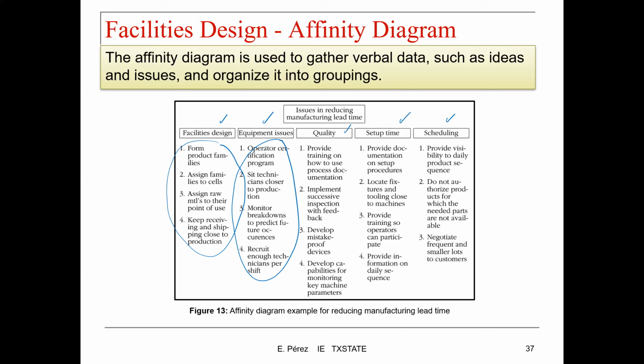So in terms of, for example, facilities design, maybe there's a need for forming product families. Like, for example, if you think about cell phones, Samsung, for instance, they have multiple different types of phones, but some of them are focusing on being less expensive. So you have multiple models that are similar. That could be named as a family.